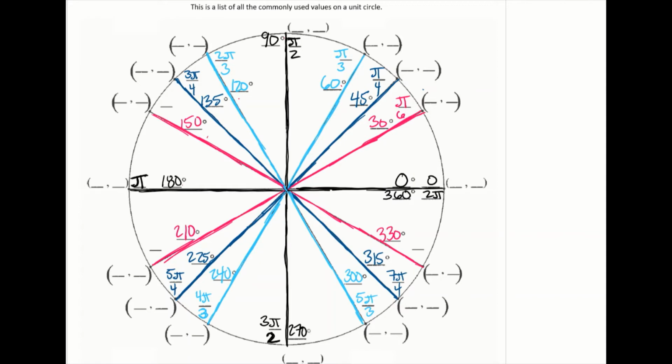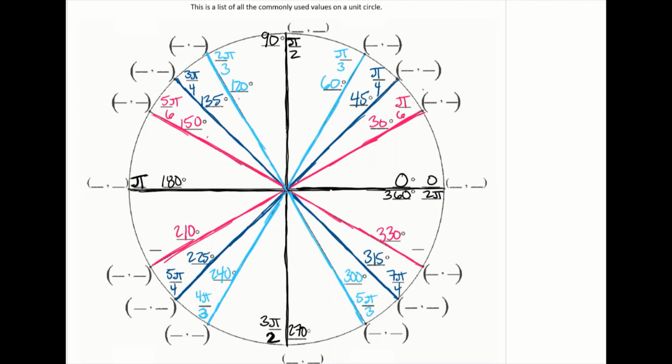Add pi over 6 to that, you get 3 pi over 6, which is the same as pi over 2. Add pi over 6 to that, and you get 2 pi over 3. Add pi over 6 to that, and you get, so that was 4 pi over 6, so this would be 5 pi over 6. And then add pi over 6 to that, you get 6 pi over 6, which is pi.